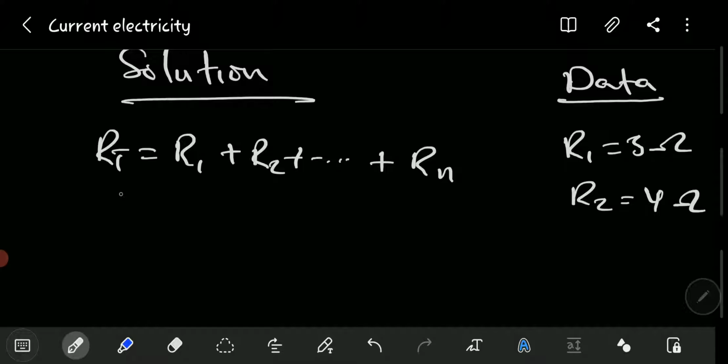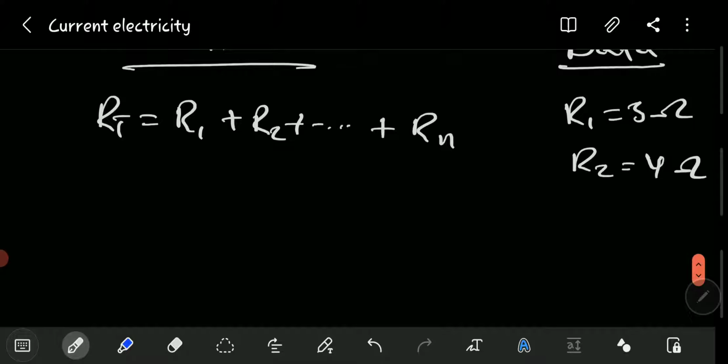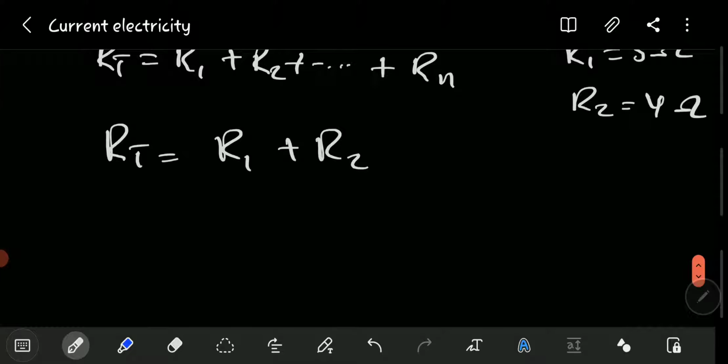However, we cannot go on and write the formula like this. In our case we only have 2 resistors, so we will only write R1 and R2. If there were 3 resistors, we would have had R1, R2 and R3. So our formula is R total equal to R1 plus R2 for 2 resistors.